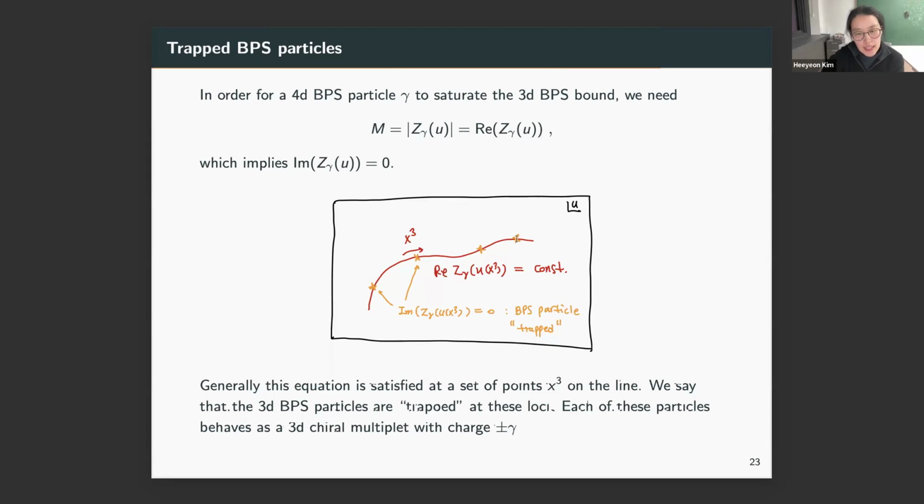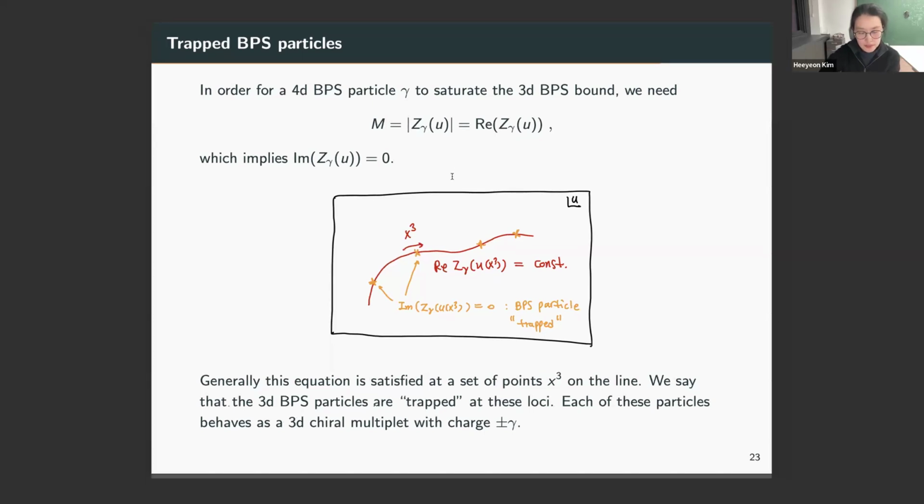For example, suppose that this red line is a line where the real part of the central charge is constant, so that it preserves some 3D N=2 subalgebra. The point where this is satisfied is going to be generically some codimension 1 point on this curve. Then this means that there exist a certain number of points on this line where this 4D BPS particle γ also becomes a 3D BPS particle.